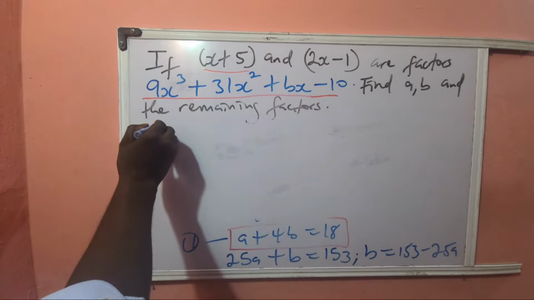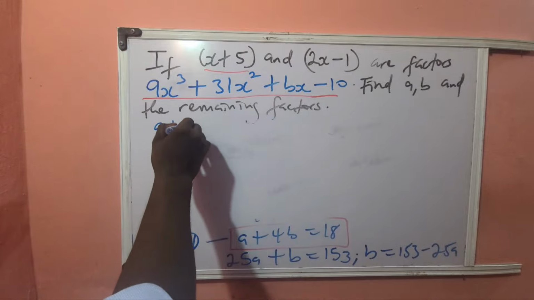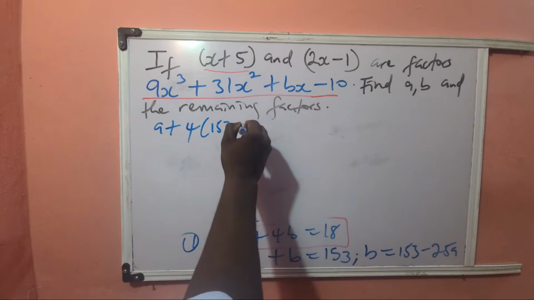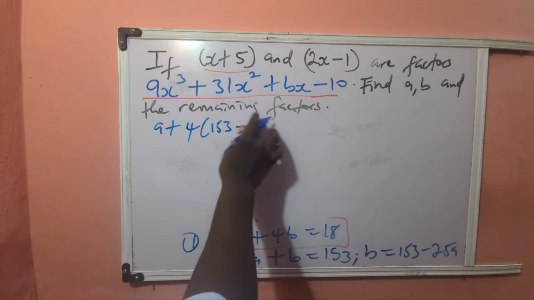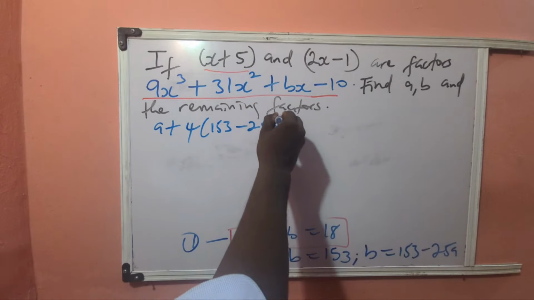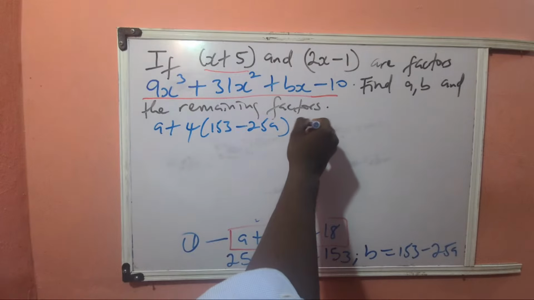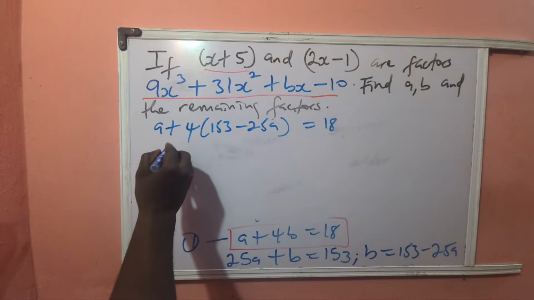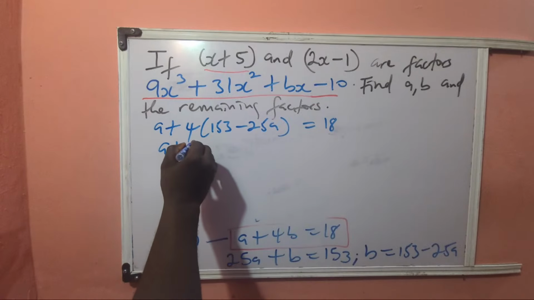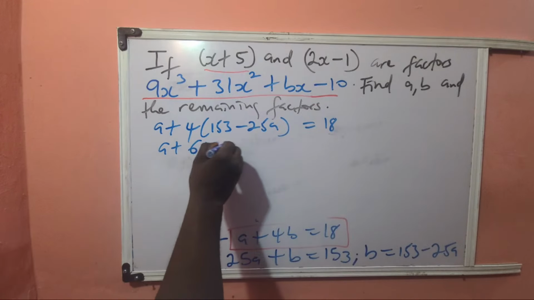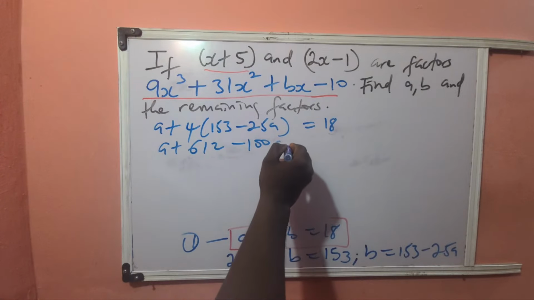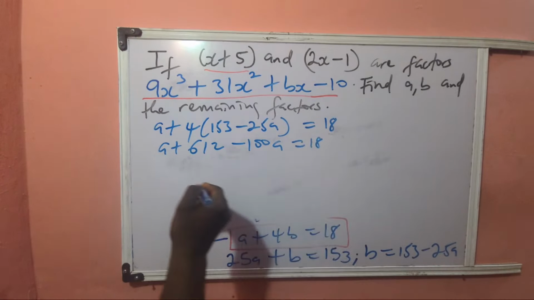So what I'll be having there will be a plus 4. Now b is that. That will be 153 minus 25a equals to 18. So opening this up, I will have a plus 612 minus 100a will be equals to 18.